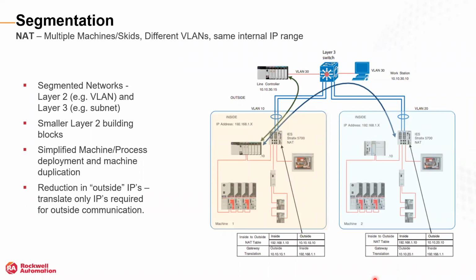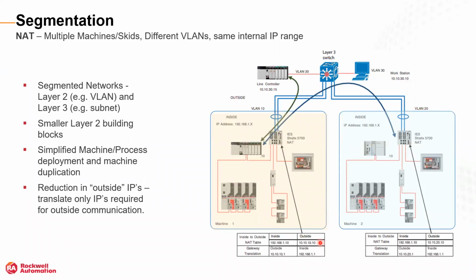And in this case, you notice that the controller has a 10.10.10.3 IP address. Well, we created two different VLANs that have their inside IP addresses spoofed to the outside IP address. So the 10.10.10 IP address is spoofed to a 192.168 type IP address for everything in that island of automation.